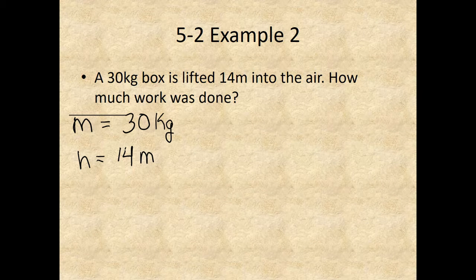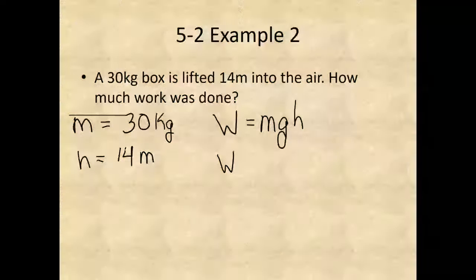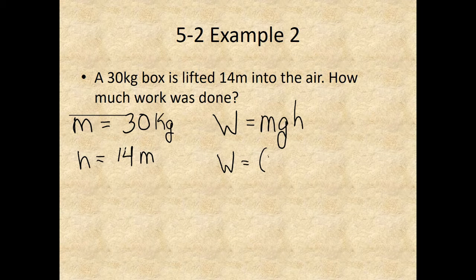Now, because it's being lifted into the air, this means that the work that's being done is going to be our vertical equation, weight times height. And for simplicity's sake, I'm going to use gravity as 10 meters per second squared.